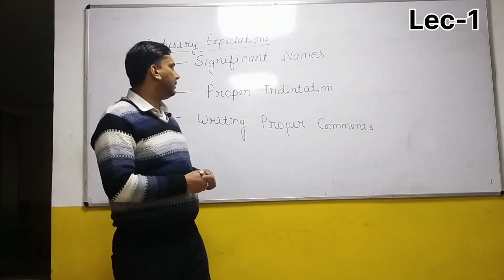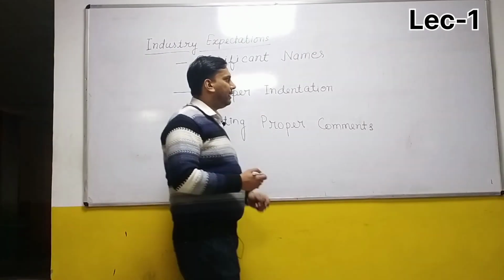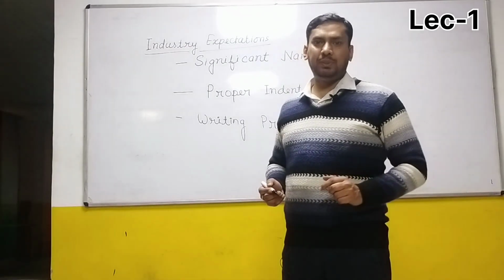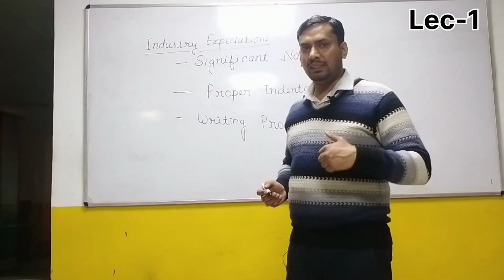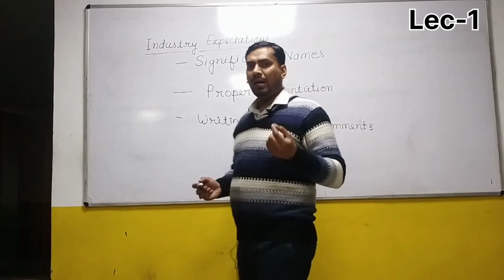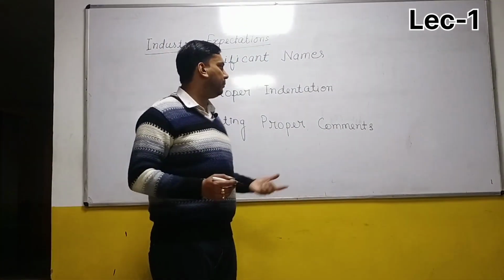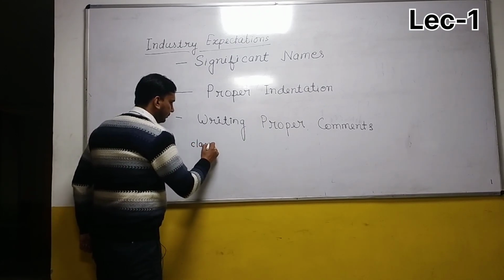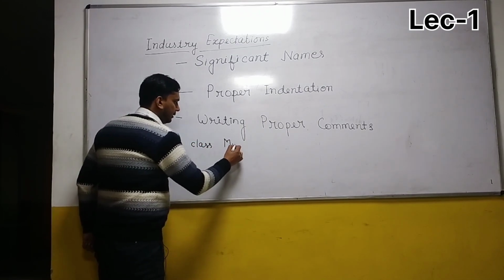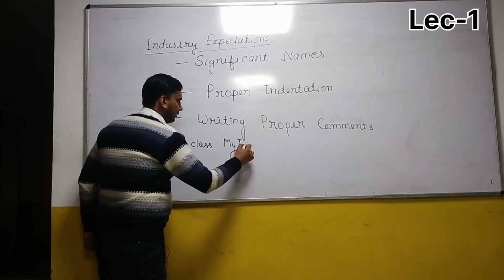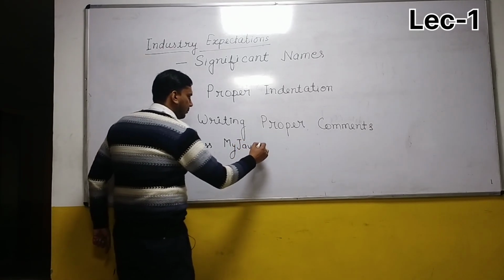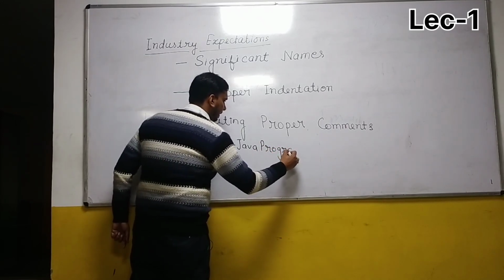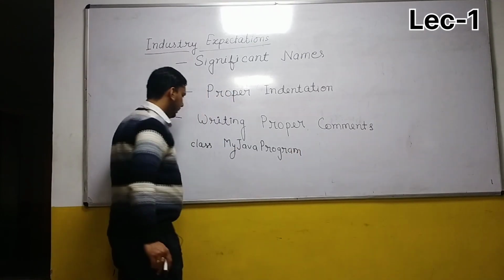So what is the naming convention for classes? If you talk about the classes, naming convention says that every word's first letter should be capital, right? It means if you are creating a class, my Java program, how it should be written? It should be written class MyJavaProgram, and you can see here I have written every word's first letter capital.